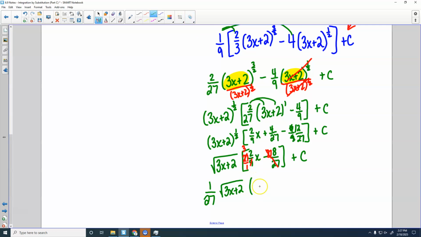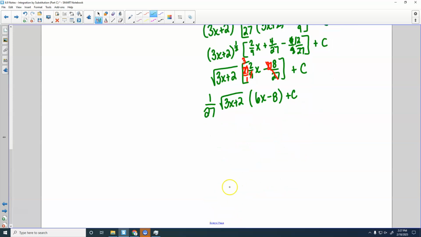So that would be 6x minus 8 plus C. They could really take a 2 out, make that 2/27. Oh gosh, this one's awful. Because watch this, no, it won't go further than that. That'll be 3x minus 4 plus C. They could possibly go that far.